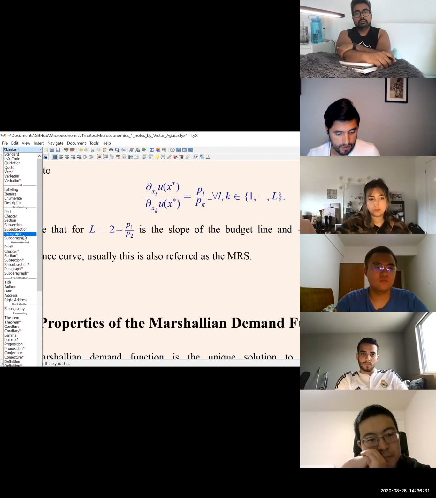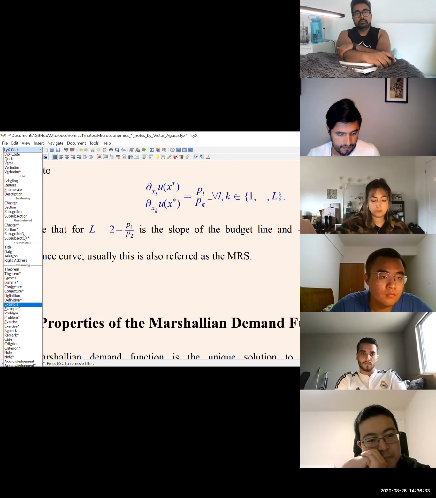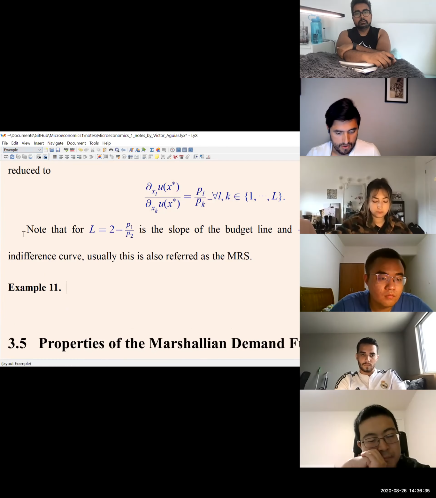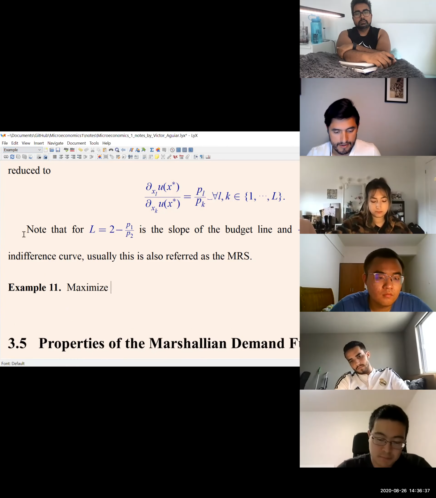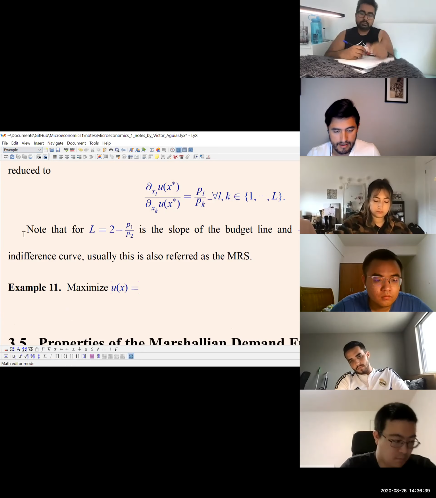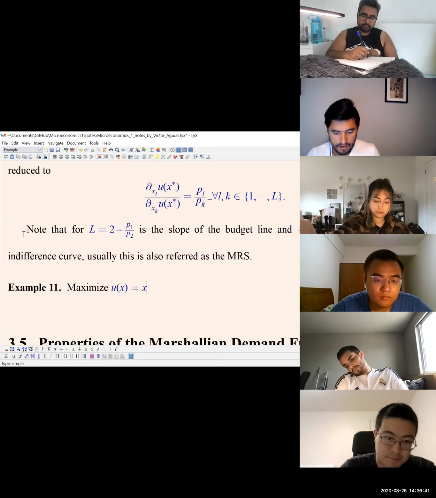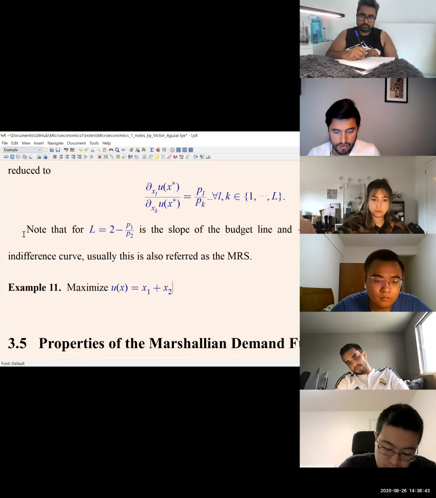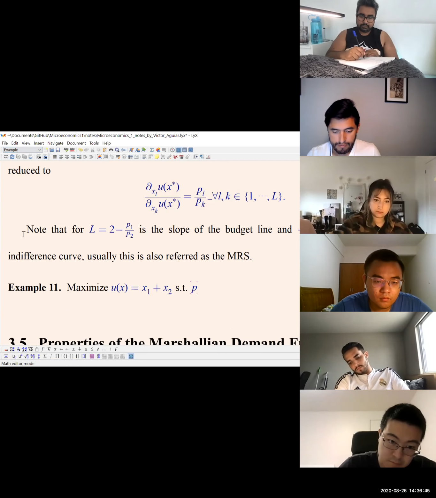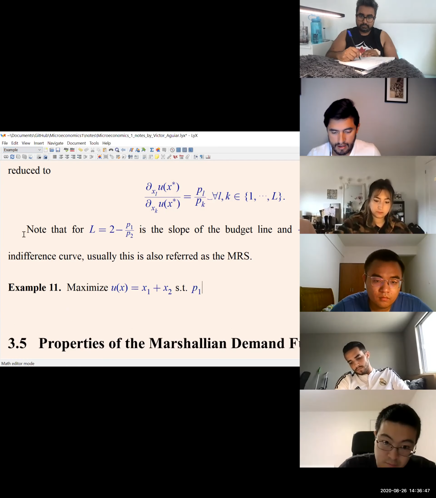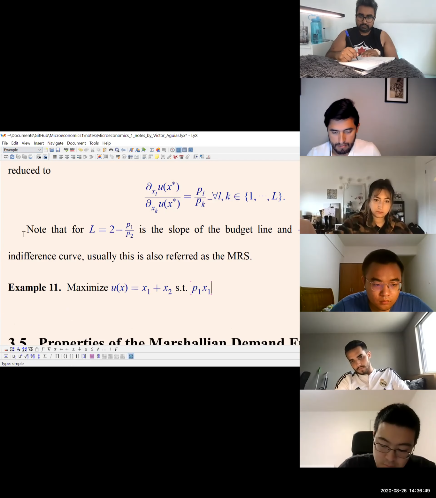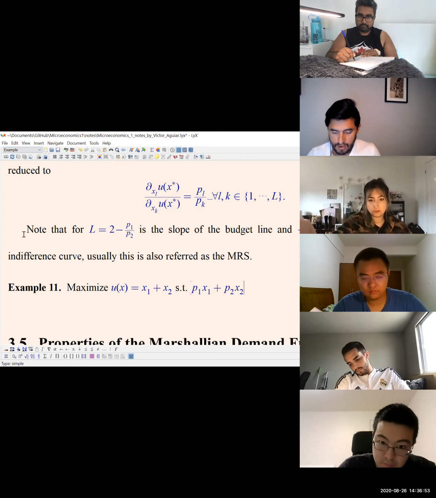So I'm going to give you a quick example. Maximize utility of x equal to x1 plus x2 subject to p1 x1 plus p2 x2 equal to that.